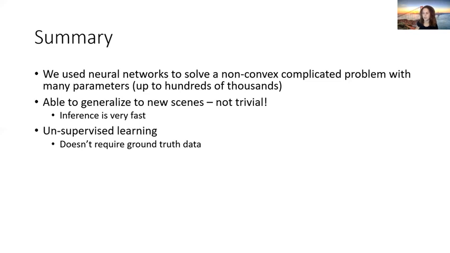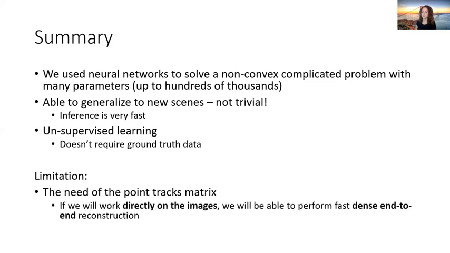The learning was unsupervised. There's no ground truth required. However, the limitation, and Nadav, you talked about the end-to-end. This is really the goal here, because this input matrix, the point tracks matrix, requires pre-processing. I don't have it from the images online. I need to do point matching, and once I'm required to do point matching, I have all sorts of problems, for example the ambiguities I mentioned in the beginning.